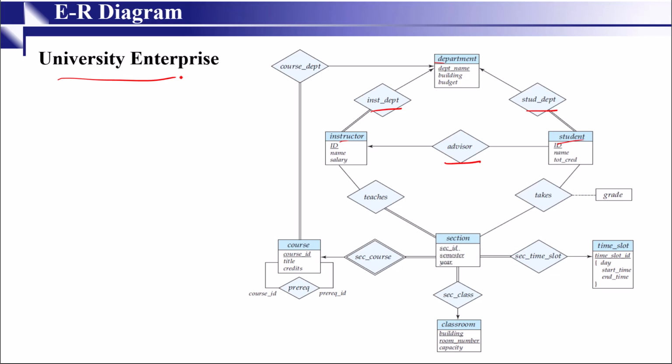So as I said, we have relationships, and also you can see we have keys, IDs, department name. So this is like course ID here. This diagram models the relationship between departments, instructors, students, courses, sections, classroom, and time slot in a university setting by capturing how they interact for scheduling, advising, and academic tracking.